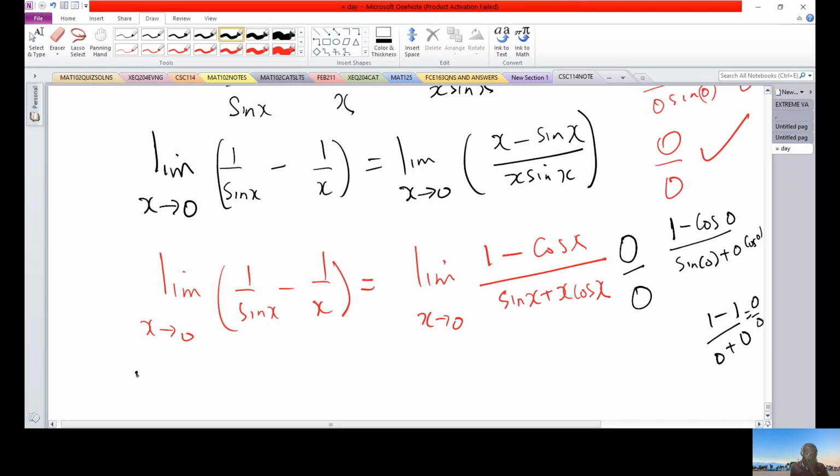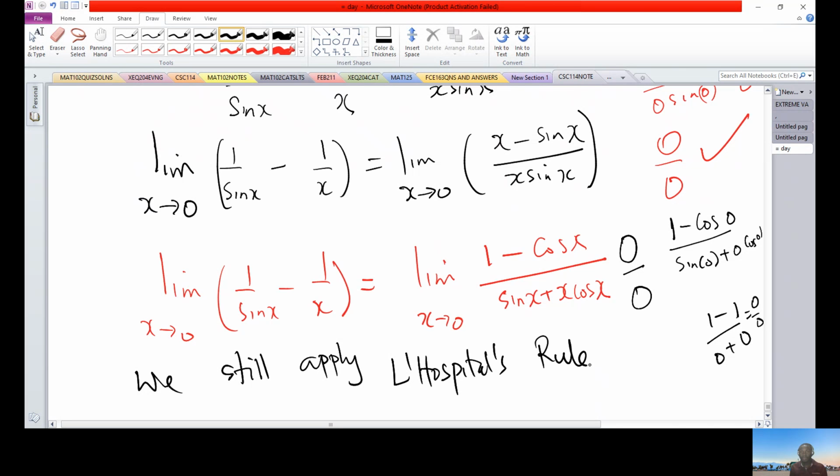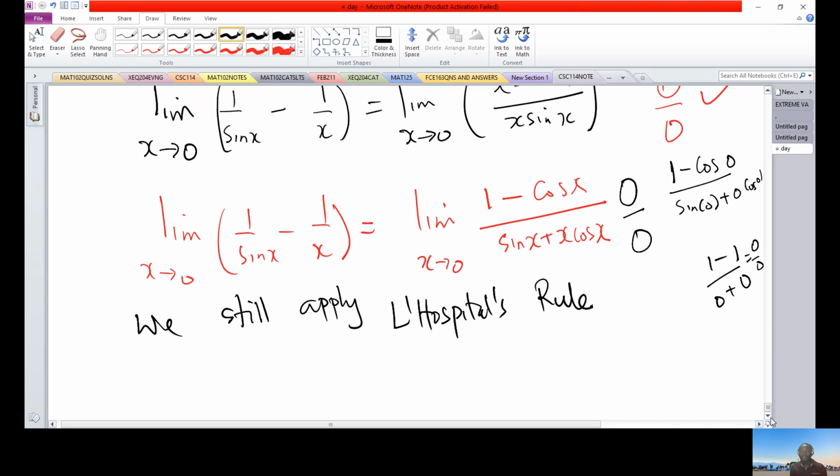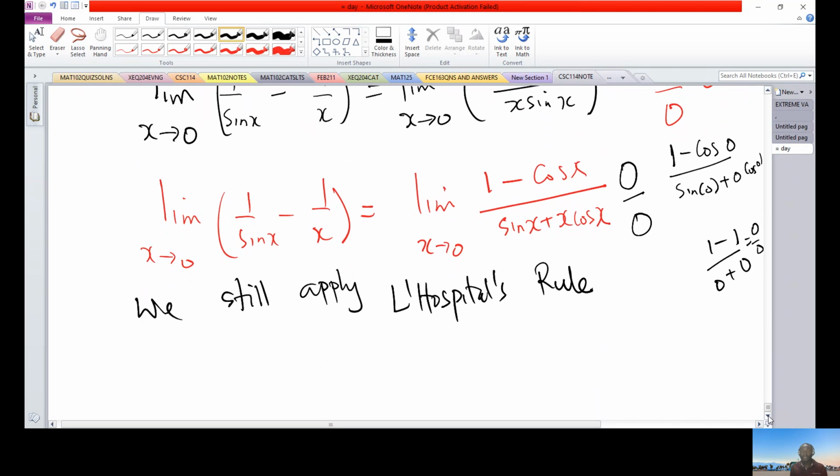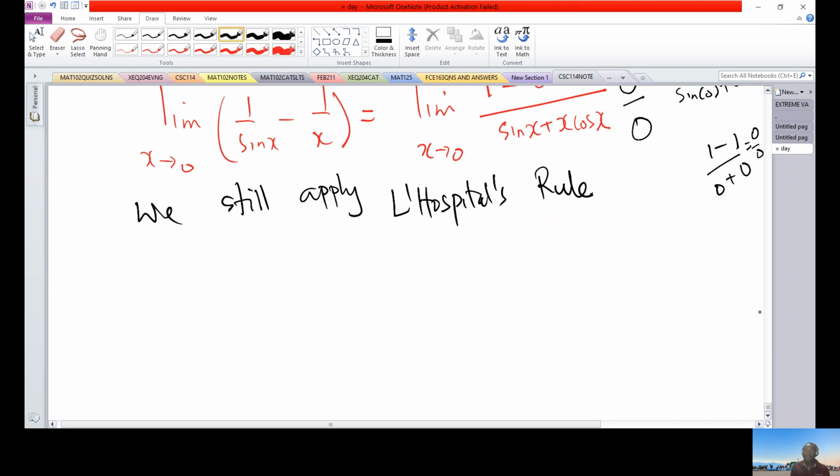So we have 0 over 0 case. So we still reapply L'Hospital's rule, because this is still an indeterminate form which is respecting the hypothesis of L'Hospital's rule.